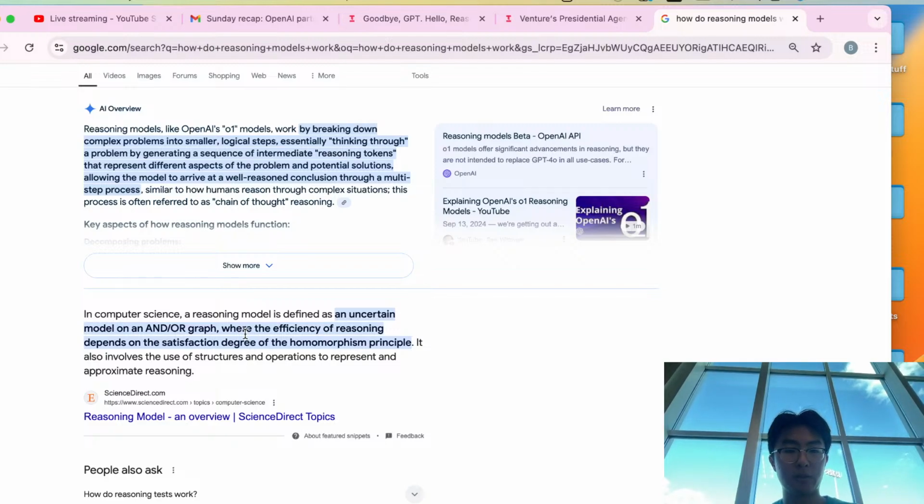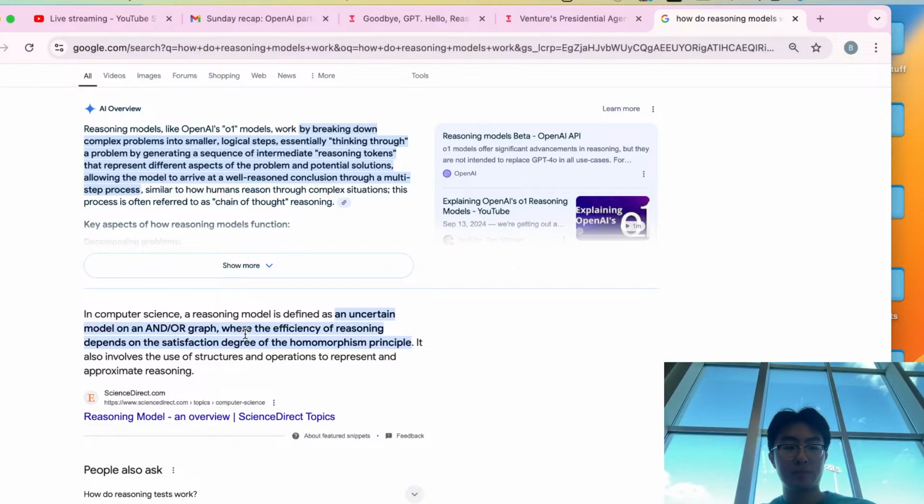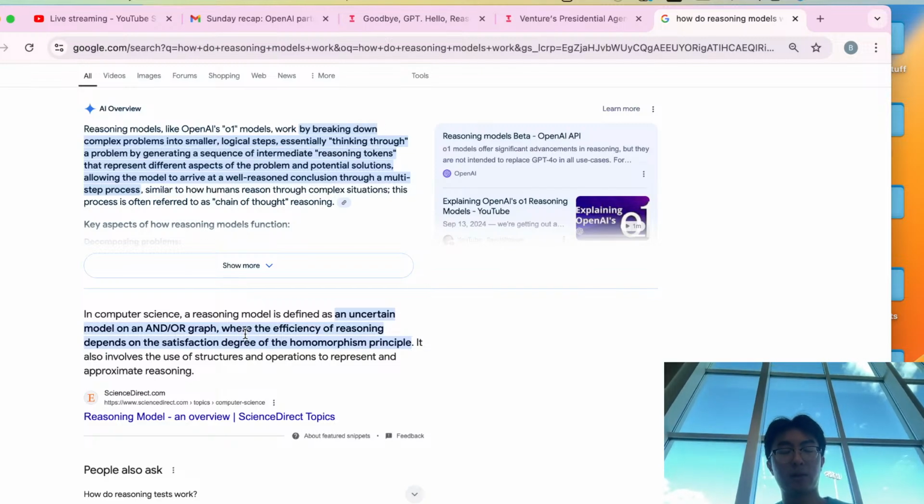Few-shot prompting, or instructing the model to think step by step, may not enhance performance and can sometimes hinder it. Okay. Oh man, I remember learning about this. So few-shot versus zero-shot.